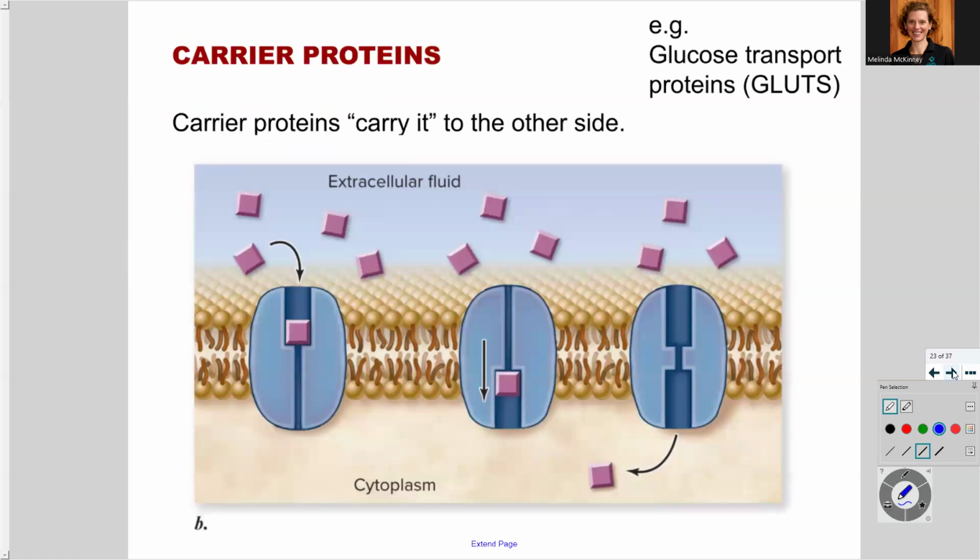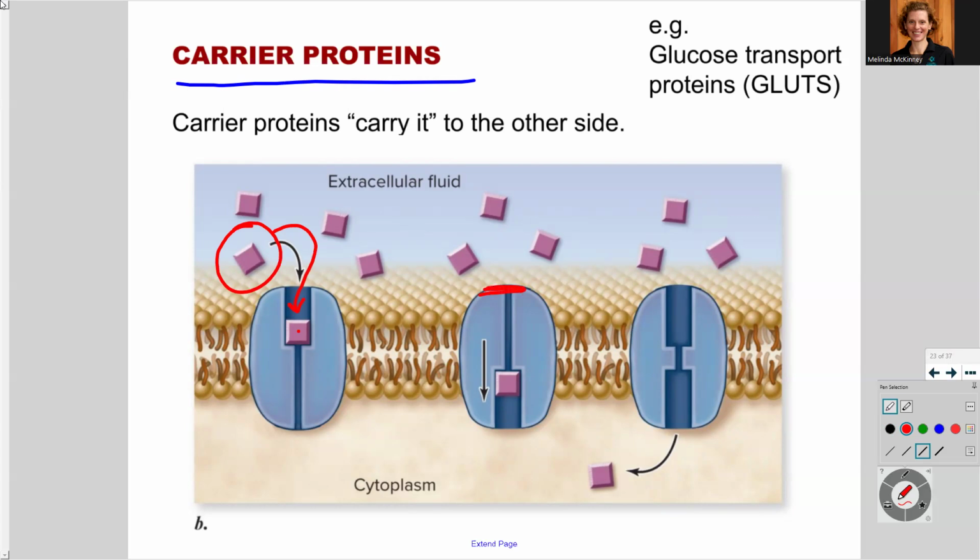There's also proteins that are called carrier proteins. Carrier proteins are going to allow something specific to go through. They're a lot slower than the tunnel that's always open. A specific molecule will fit on one side. I always think it's like an airlock or an elevator with two doors. It goes in, the door shuts behind it, and then maybe it goes up or down a floor if it's an elevator.